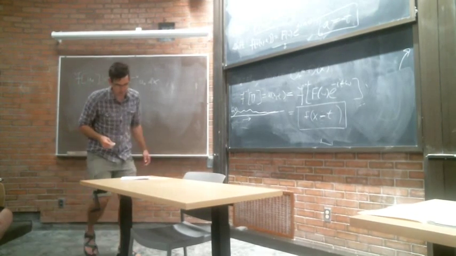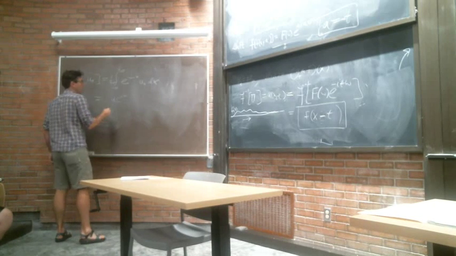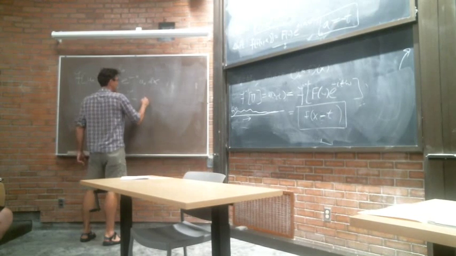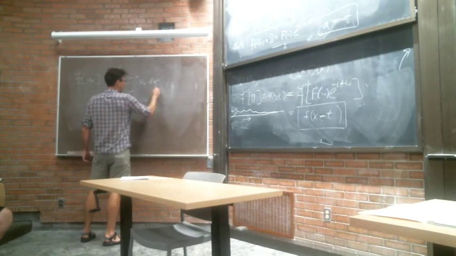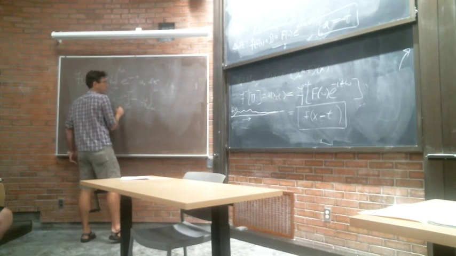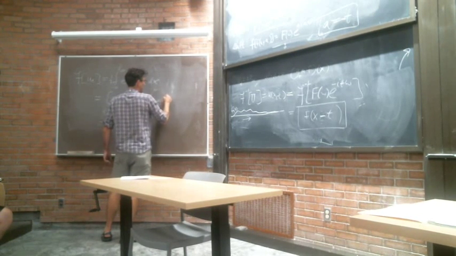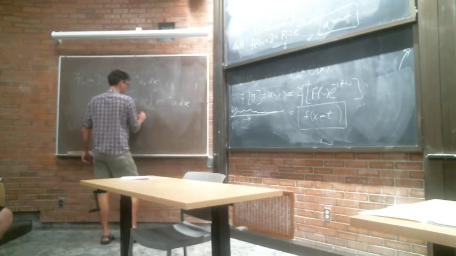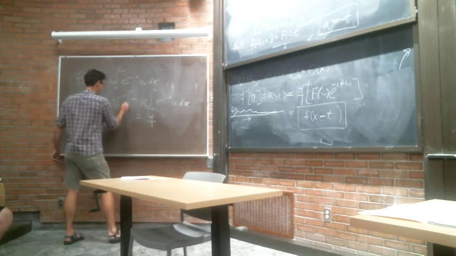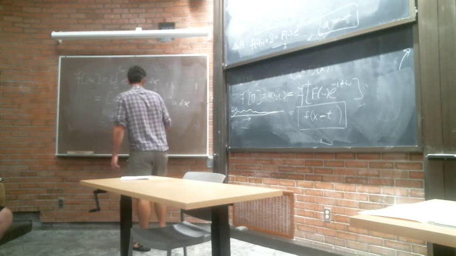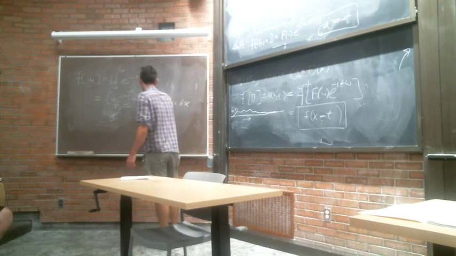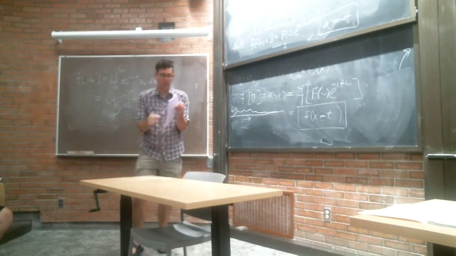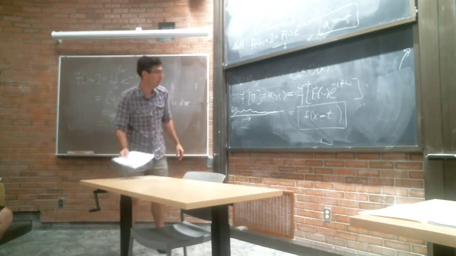I think my identity is messed up. I'm missing a sign on it. This goes to 0 by definition. Got my minus sign. I will fix that on your equation sheet.